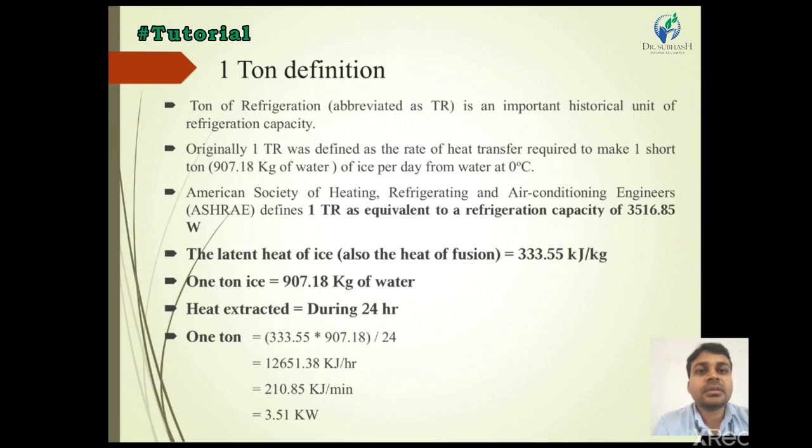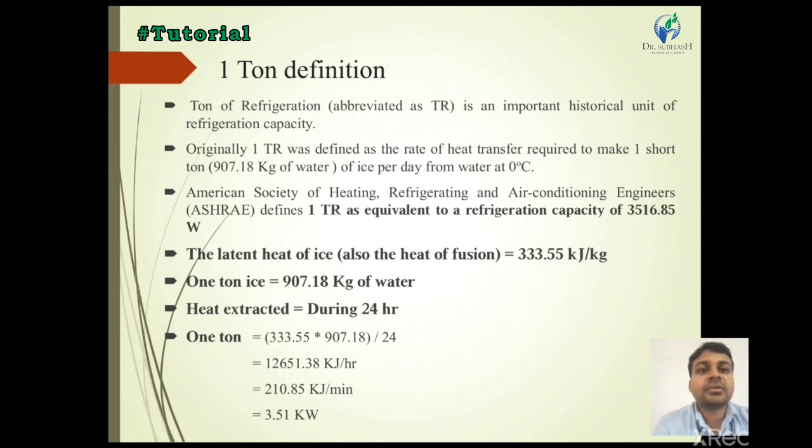The American Society of Heating, Refrigeration and Air Conditioning Engineers, ASHRAE, defined 1 ton as equivalent to a refrigeration capacity of 3516.85 watt. We just have to define the 1 ton units.